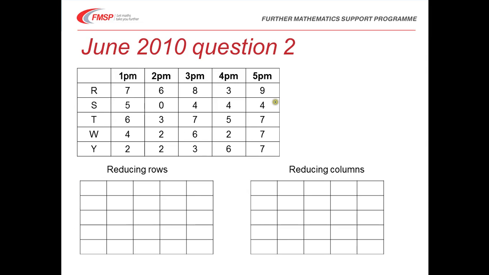So when we're reducing rows, we're looking for the smallest entry in that row, and we're going to take away that from every element. So a 3 here, nothing here, a 3 here, a 2 and a 2. So we're going to reduce our rows by -3, by 0, by -3, by -2, and by -2.